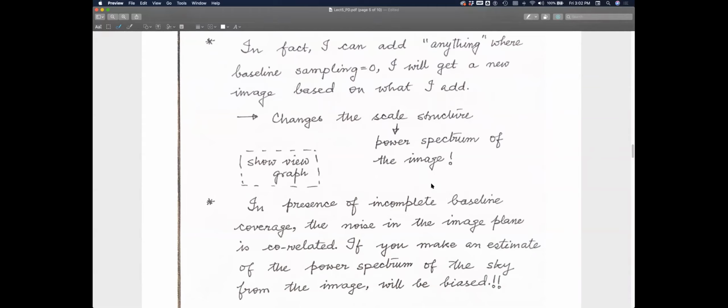Okay, that's a very crucial point, because you may think that I'll make a very good image and calculate the power spectrum from it. There is absolutely no guarantee that you will not make a mistake.